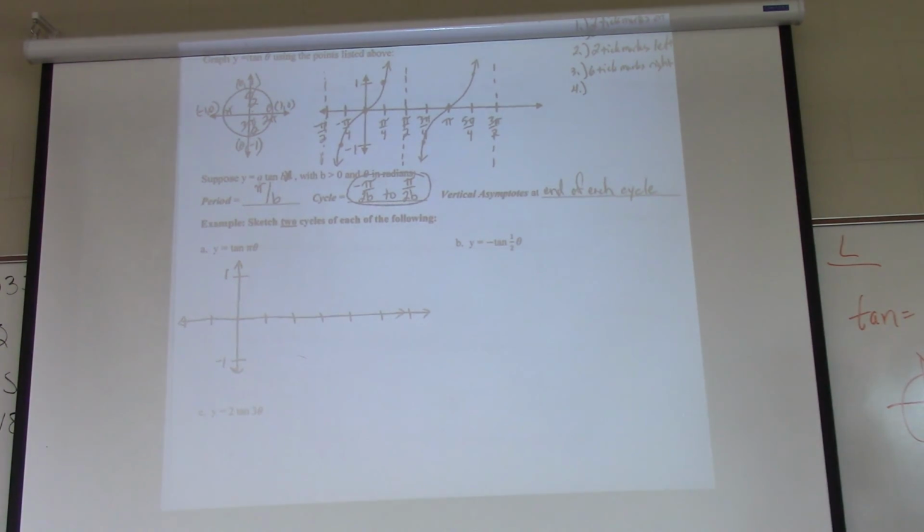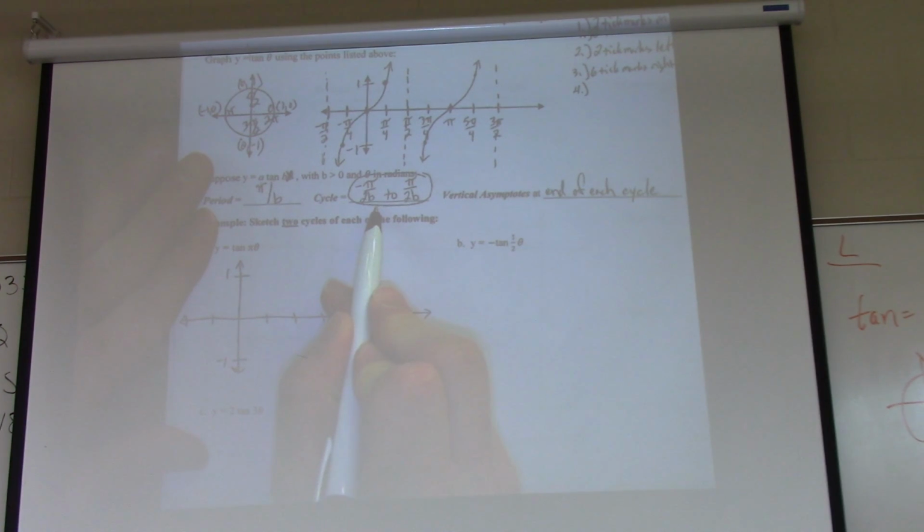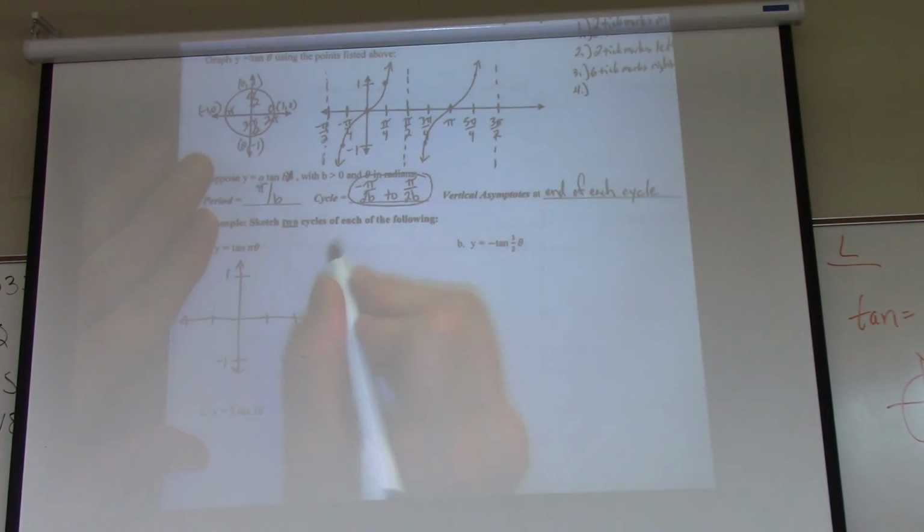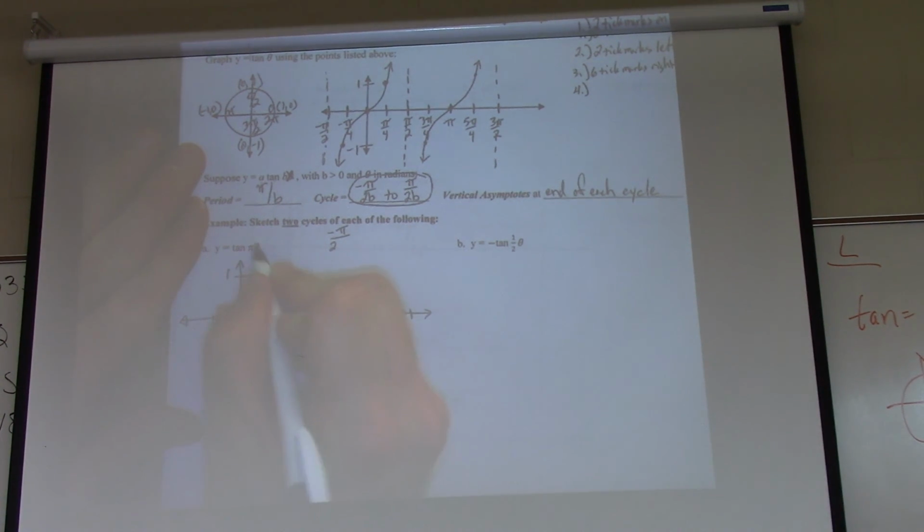Now, you're going to start to see this, I promise. But let's figure out the vertical asymptote. Because again, I said that the key to this is figuring out what the cycle is. So I want to go -pi over 2 times b. What's b? Here, let me replace this with an x. Pi.